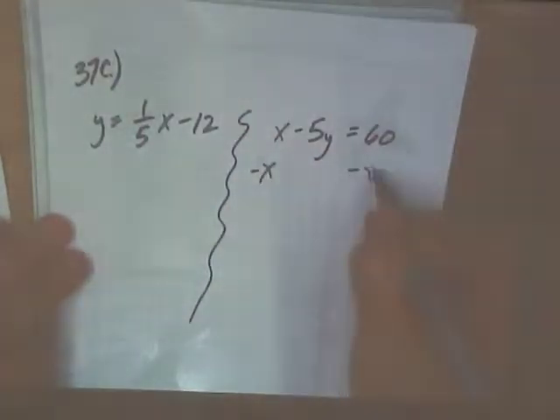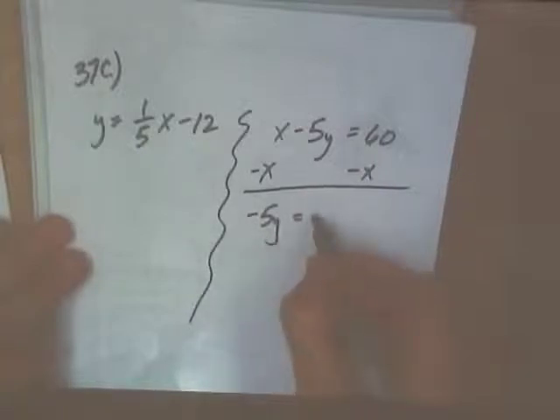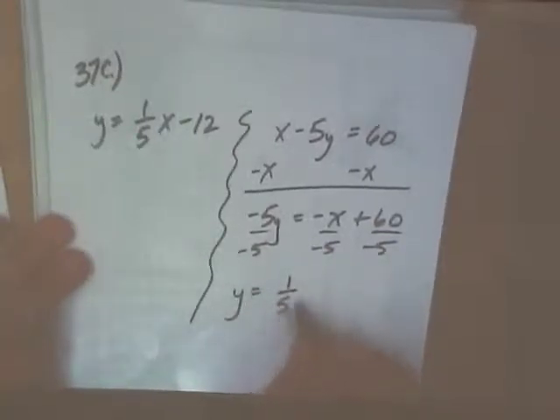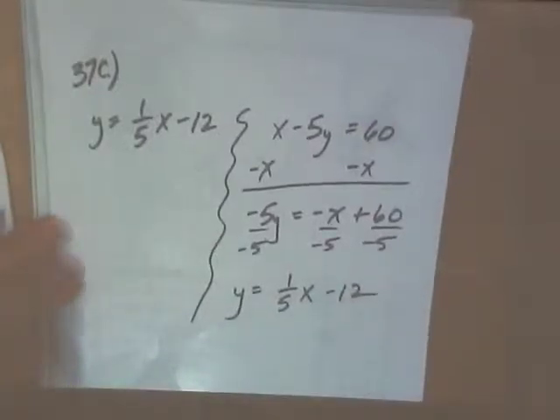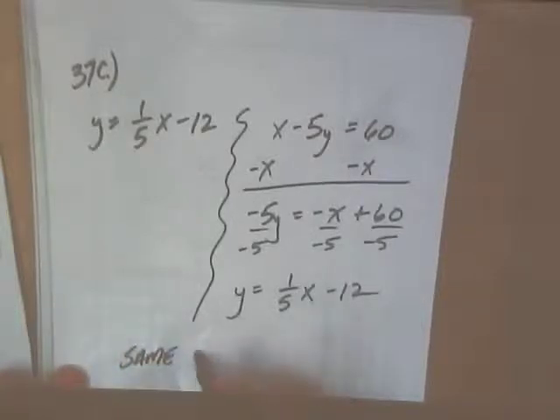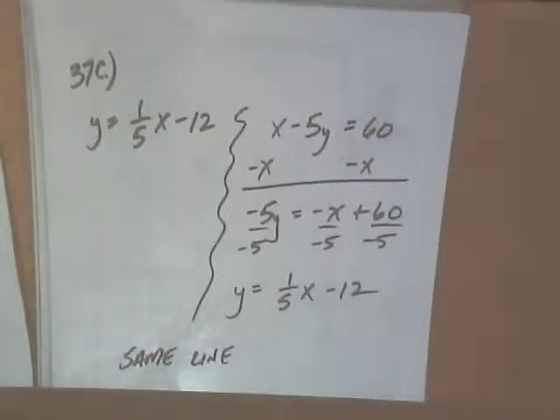So minus the x over, I got negative 5y is equal to negative x plus 60, and then divide everything by negative 5. Same line? Okay. 37D.